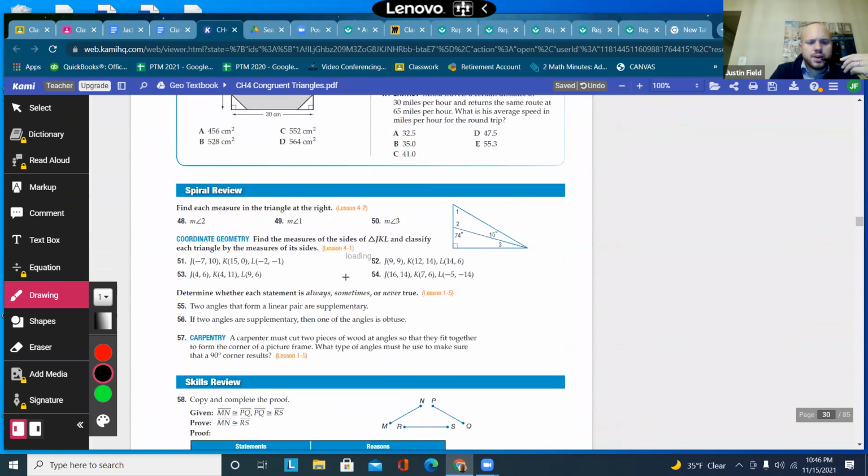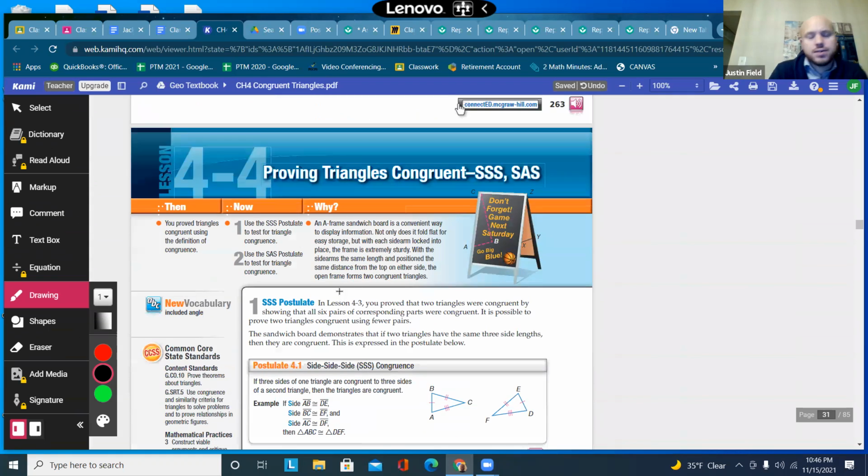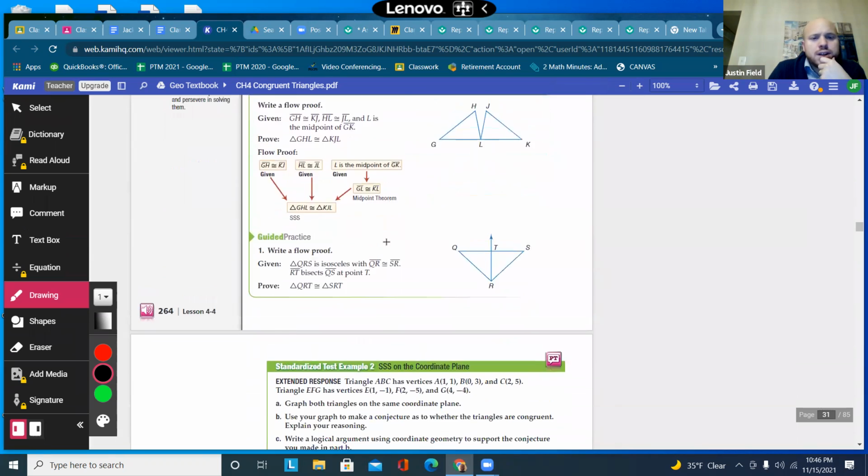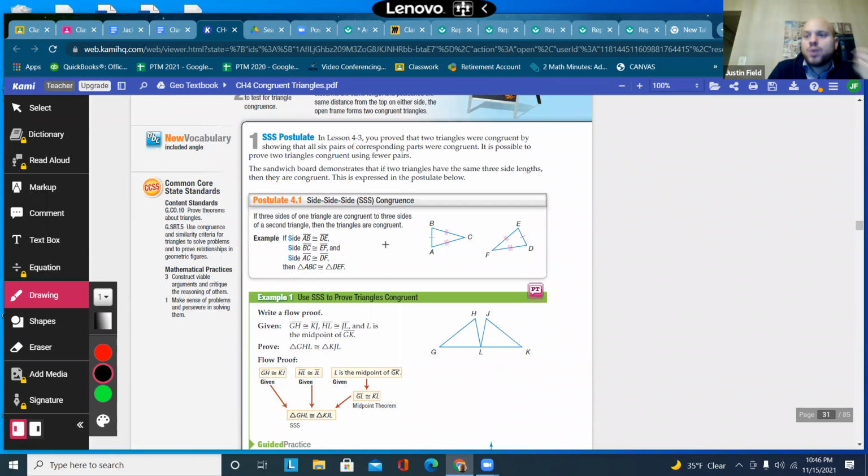Now let's see. I want to do 4-4. Just as soon as you do 4-3, you get to 4-4. And in 4-4, they're now going to tell you that you don't need every side and every angle because there are some shortcut theorems. Isn't that nice?